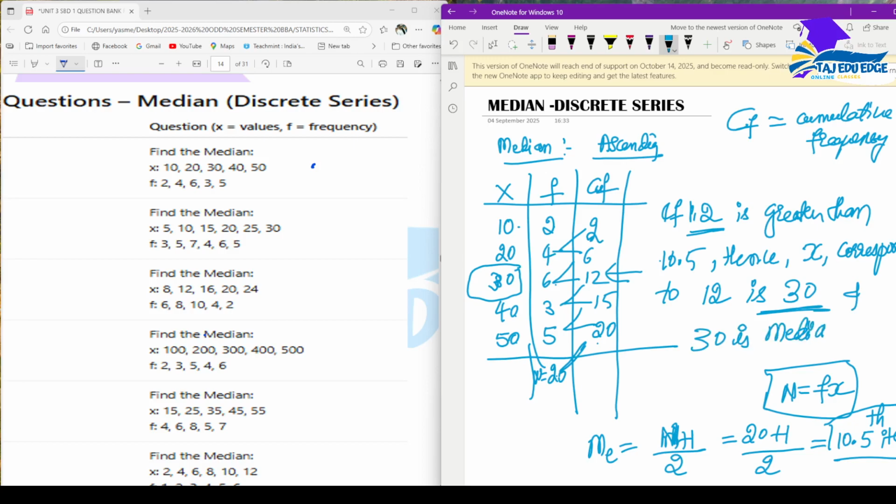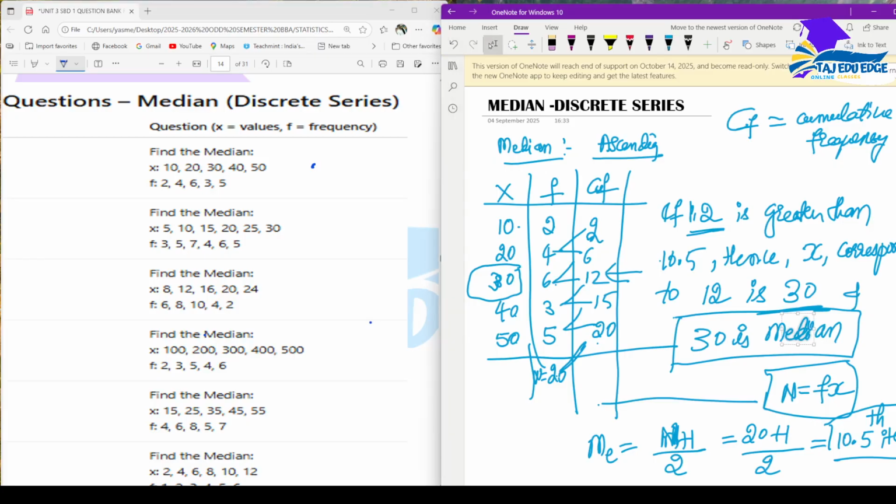You have to put a box around it. 30 is the median. First you will solve this, and later you will write it. Because I don't have sufficient space here, I have written it up here, but you will write it properly in your notebook, right? Okay, so I will solve one more problem.